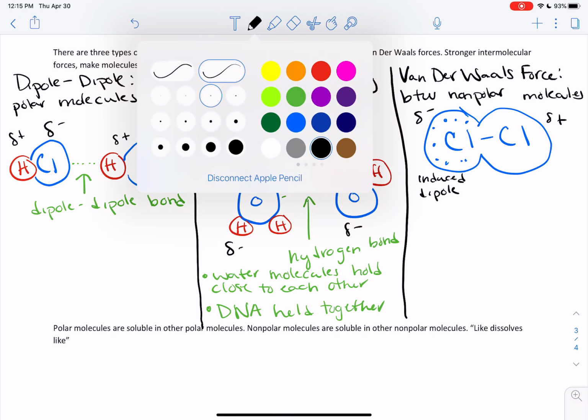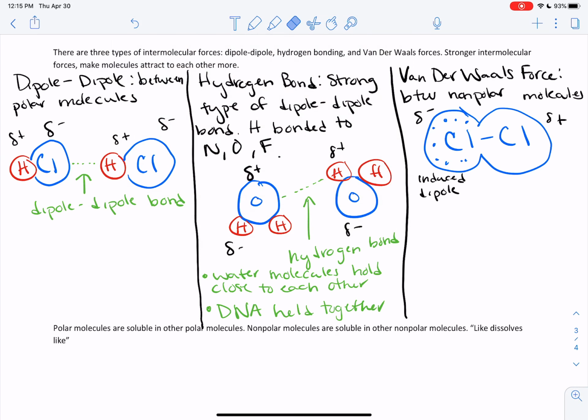Okay? And if you happen to have another set of chlorine molecules that are doing the same thing at the same time, except that all the electrons are on the other side, then these are going to attract. And this is a van der Waals force.